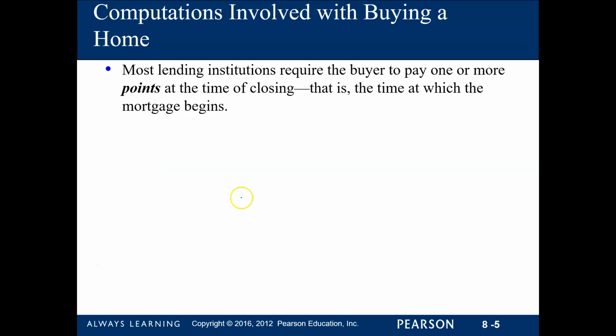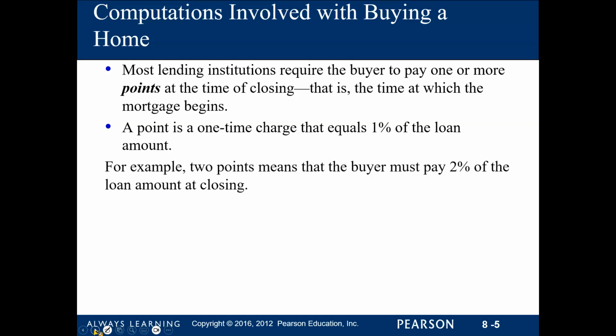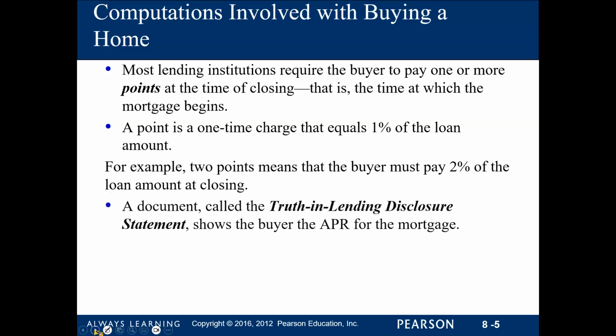The down payment goes to the seller, whoever is selling the house, while the points are an amount you pay to whoever is lending you the money to purchase the house. One point is a one-time charge, and it is always equal to 1% of the loan amount. So if your mortgage says 2 points, you must pay 2% of the amount to the lending institution.